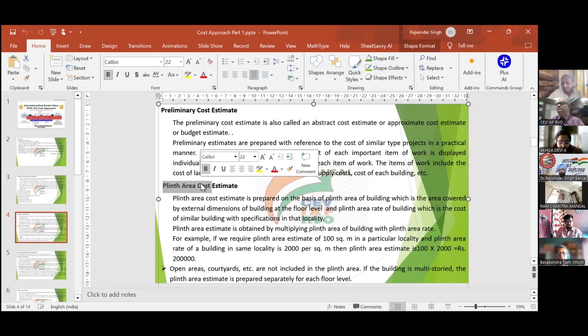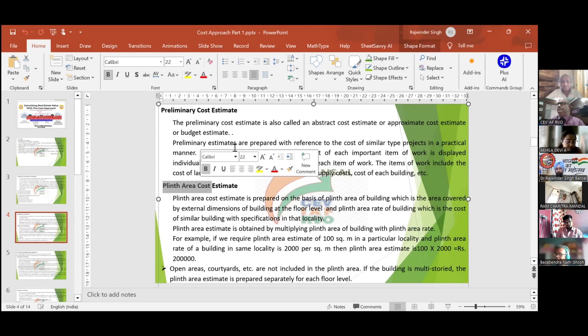And of course, it is written in all the schedules of rates that these are for rough cost estimates, not for exact estimation. It is particularly written in almost all the plinth area rates that these are just for rough cost estimation. And then the problem arises when the height is different or there are many open areas in a particular building.